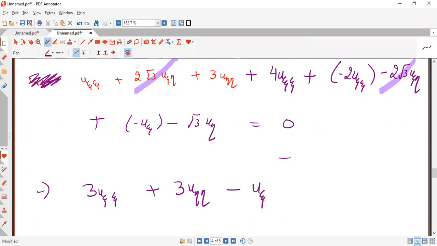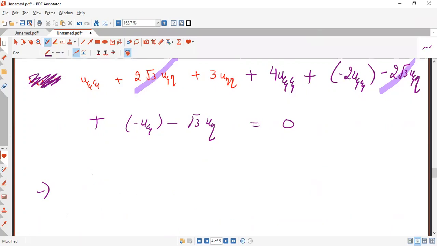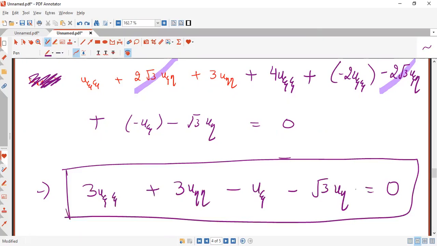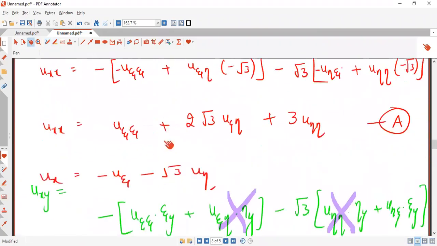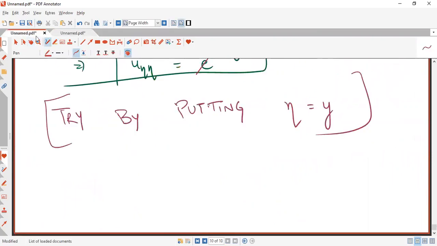Minus u xi minus root 3 u eta equals 0. This is the equation that you've got. We have got u xi term, eta term, and u eta. This was the case I've taken when we know the region is elliptic.